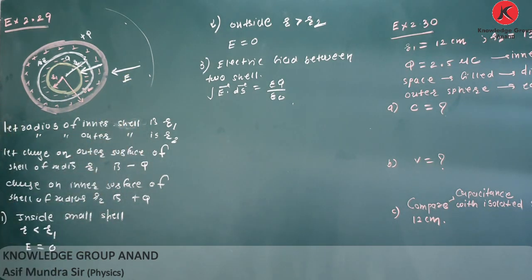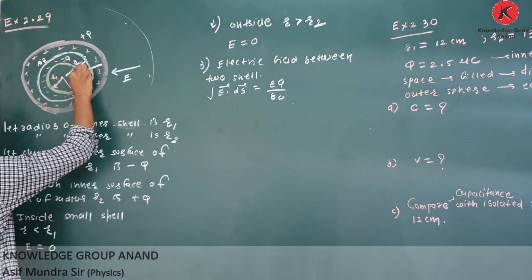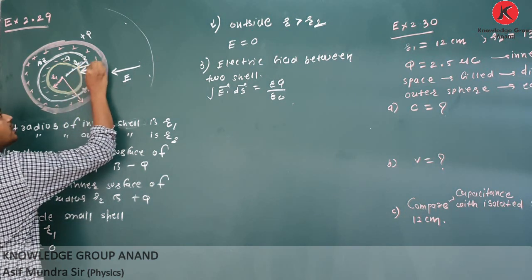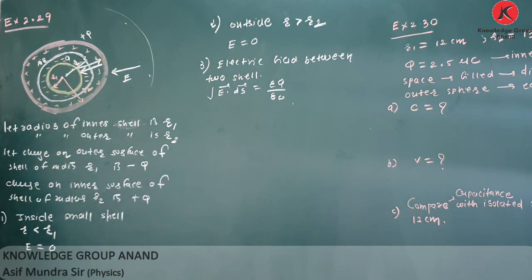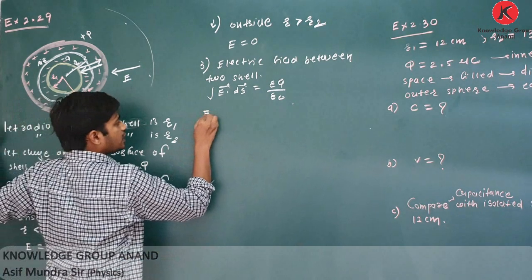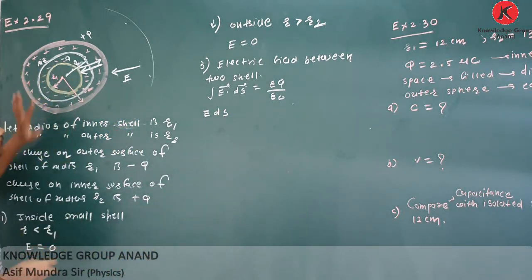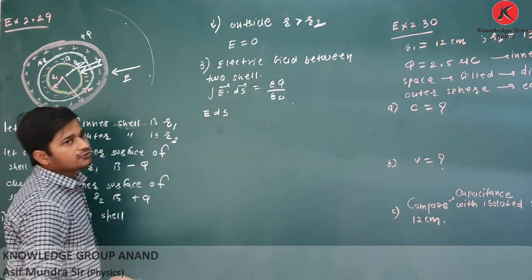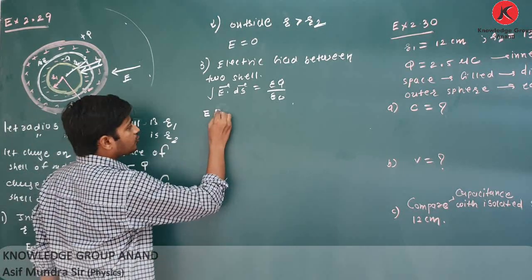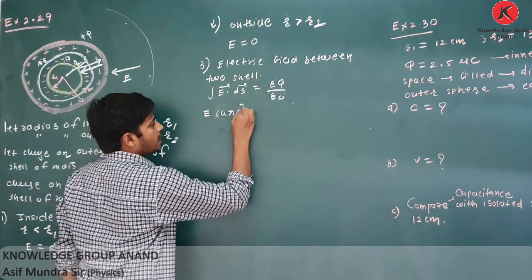Area vector ds is always perpendicular outward, so E and ds are in opposite direction. The area of this spherical surface is 4 pi r square.